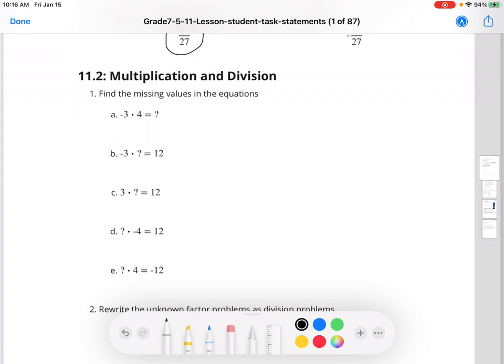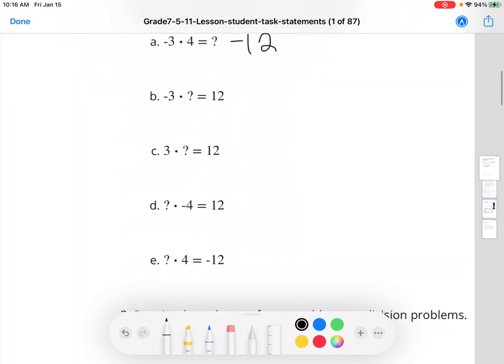On A, it says negative 3 times 4 is what? Negative 12. B, negative 3 times what is positive 12? Negative 4. C, 3 times what number equals positive 12?